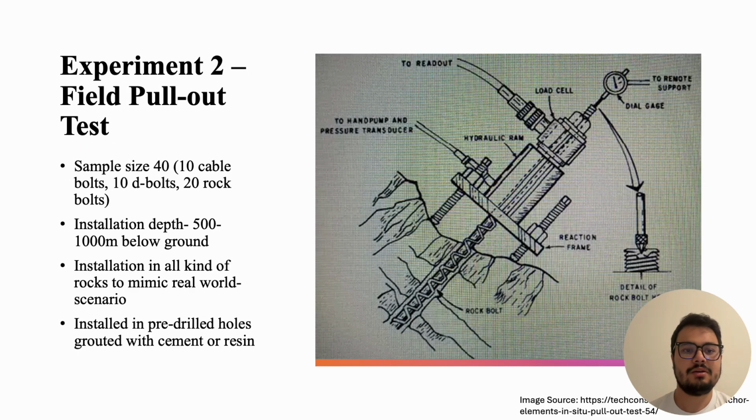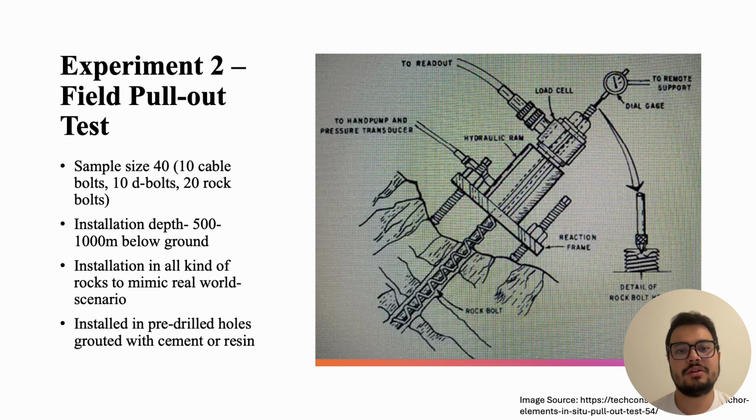The second experiment which we have designed is the field pull-out test. The apparatus is on the right-hand side again, and the sample size for this one is 40. 10 of the samples are cable bolts, another 10 are D-bolts, and we have 20 rock bolts for this particular experiment so that we can compare the cable bolt and D-bolt with rock bolts.